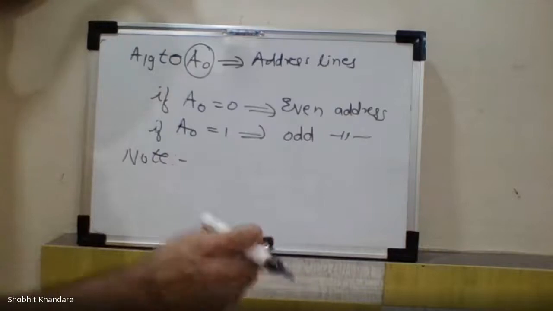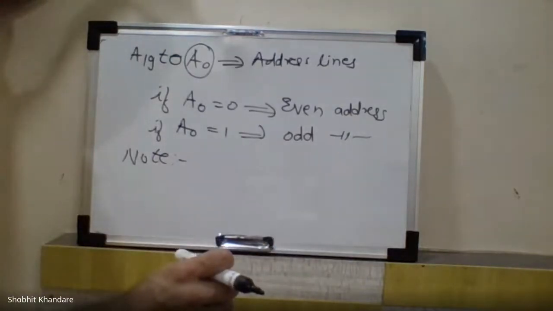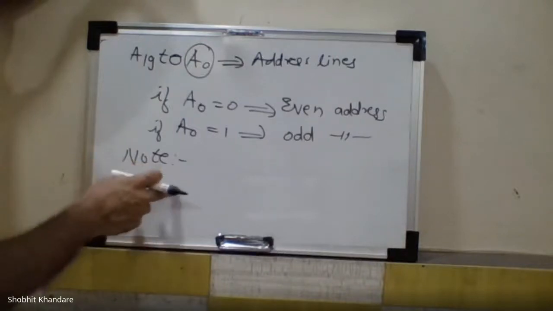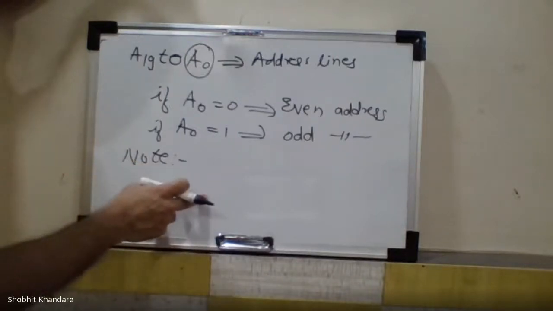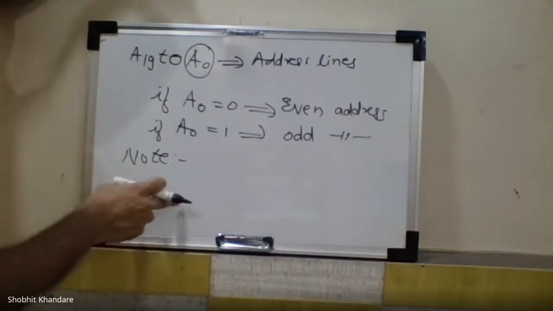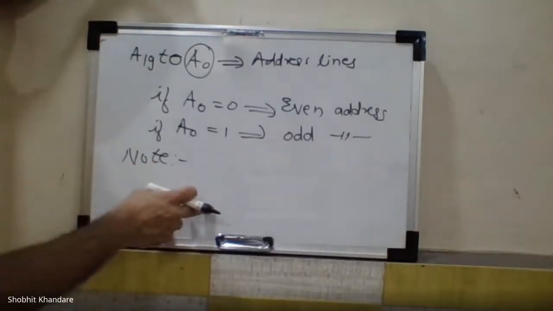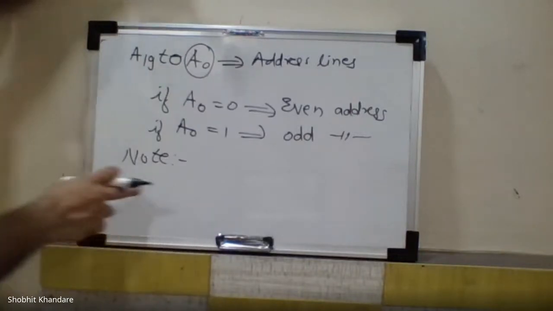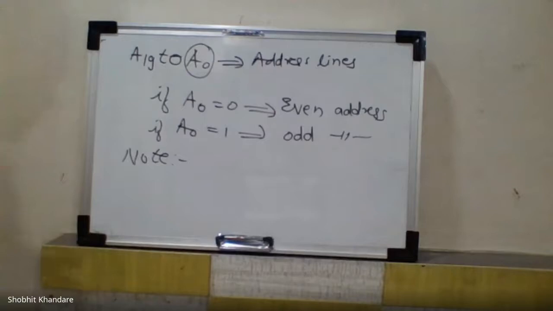Full stop. Similarly, odd bank is called as higher bank and is used to store odd addressed data.